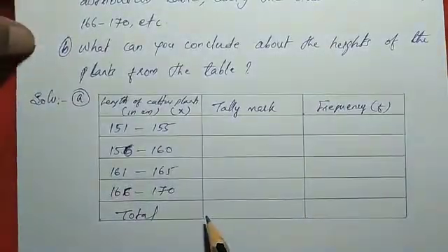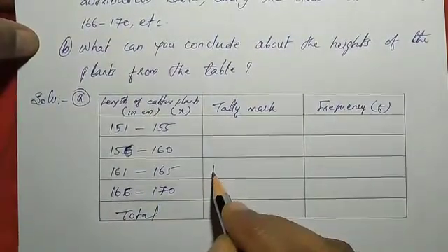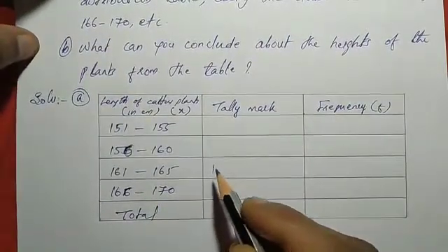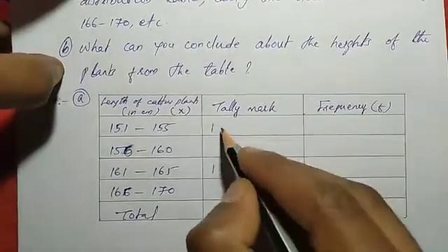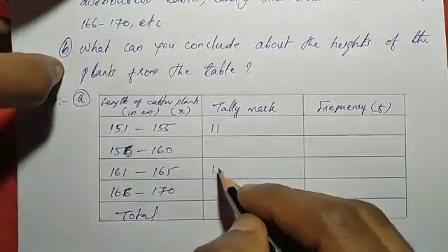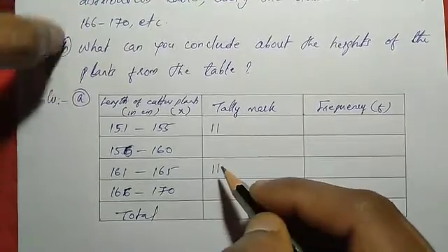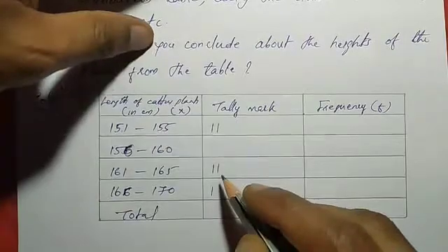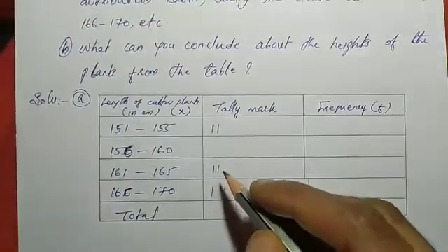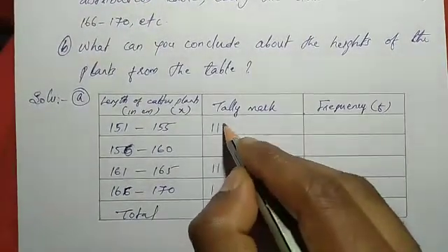So first we can mark it. First number is 161, it comes here. Second is 151, it is here, 153 also here. Next 165 is here, 167 here, 154 here.